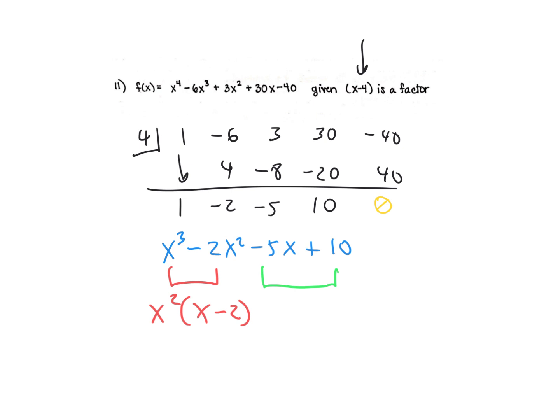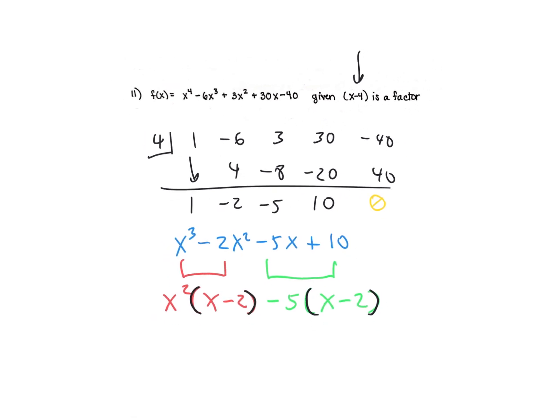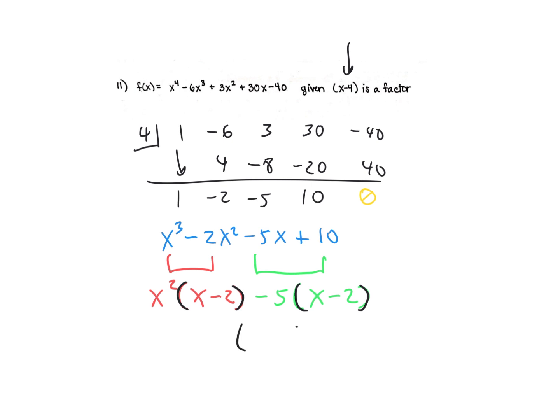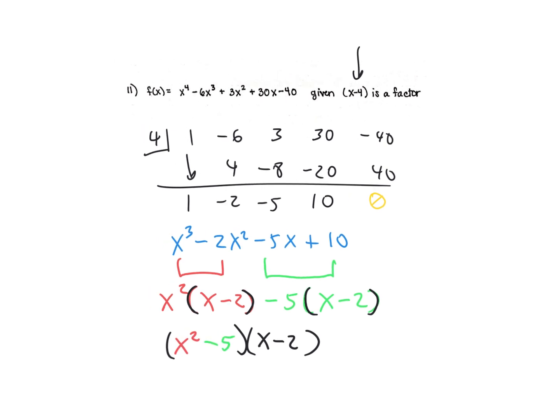For the green bracket pair, we could factor out a negative 5, which would indeed give us x minus 2. The two black parentheses match, which is a beautiful thing. That means that is going to be one of the factors, and then we're going to have another that says x squared minus 5.